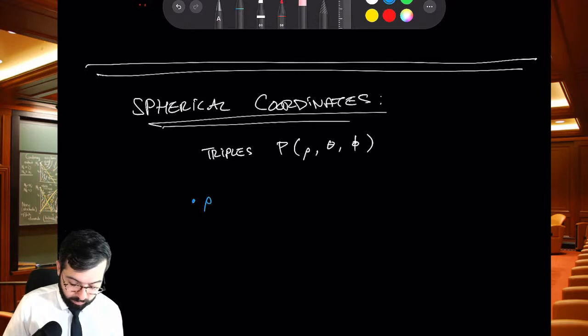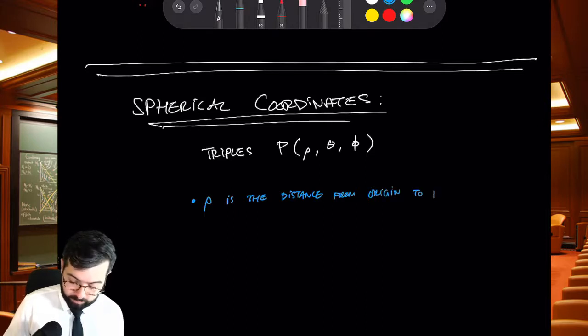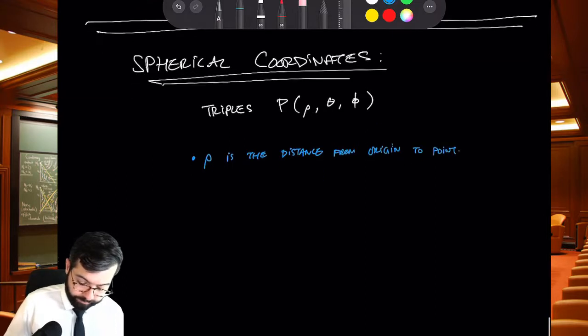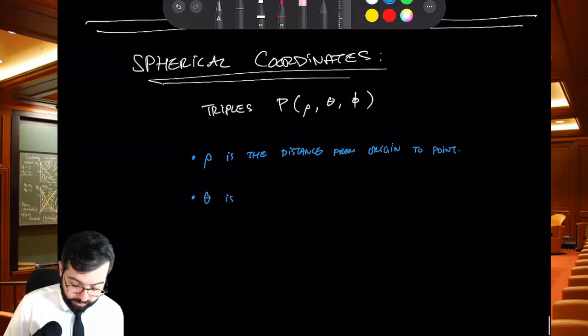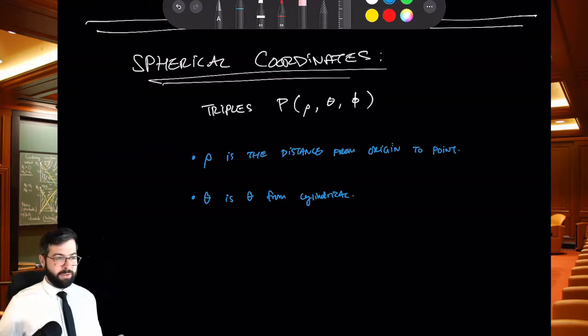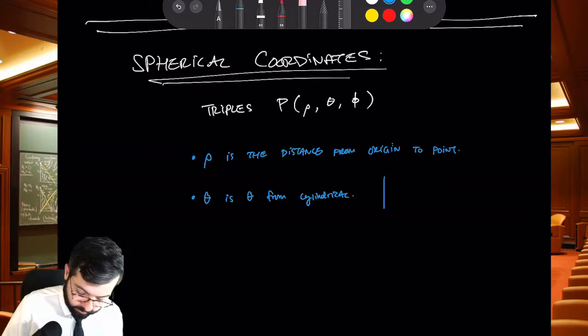So let's jot these down. What is rho? Rho is the distance from the origin to the point, or from the point to the origin. Theta is the theta from cylindrical. It's that rotation about the z-axis.